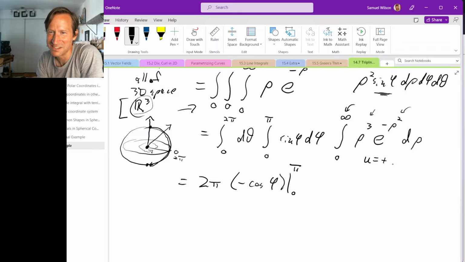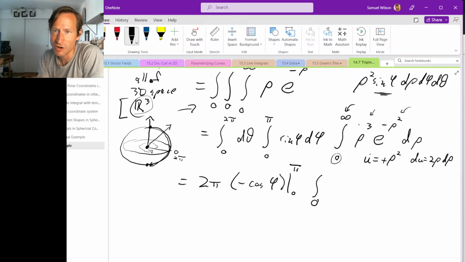So u equals rho squared. So du is going to be 2 rho d rho. So, working on our bounds, when rho is 0, u is also going to be 0, so our bottom u bound is 0. And when rho goes to infinity, u also goes to infinity, right? Because rho squared goes to infinity, so our top bound is still infinity.